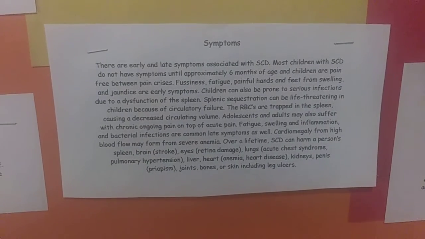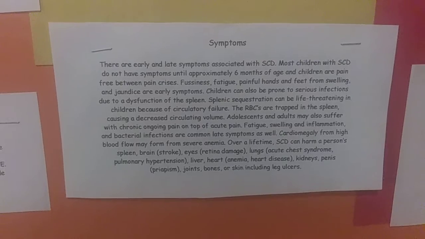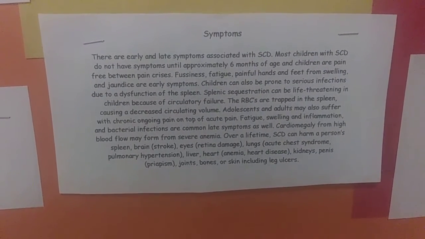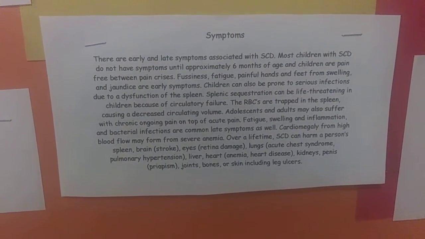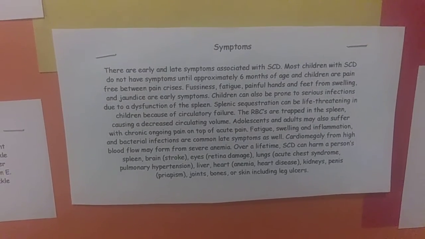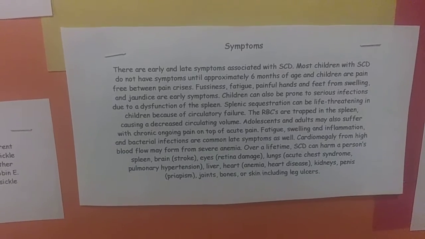The RBCs are trapped in the spleen, causing a decreased circulating volume. Adolescents and adults may also suffer with chronic ongoing pain on top of acute pain. Fatigue, swelling, inflammation and bacterial infections are common in late symptoms as well. Cardiomegaly from high blood flow may form from severe anemia.